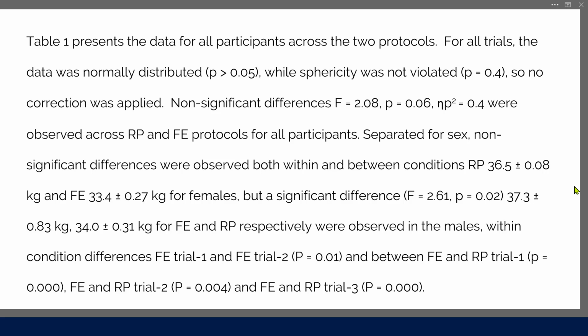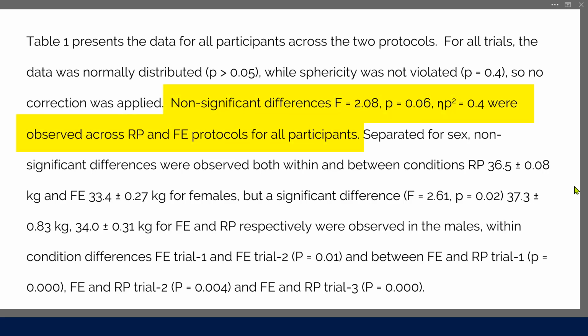For all trials, the data was normally distributed, P is greater than 0.05, while sphericity was not violated, so no correction was applied. What they're basically stating is that there was no need to make any adjustments to the statistical tests for either homogeneity or normal distribution.